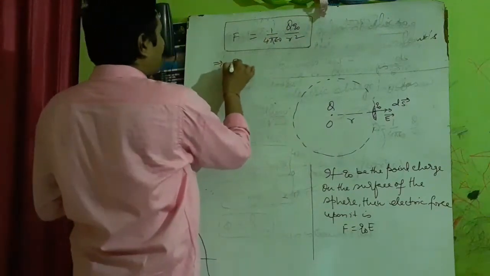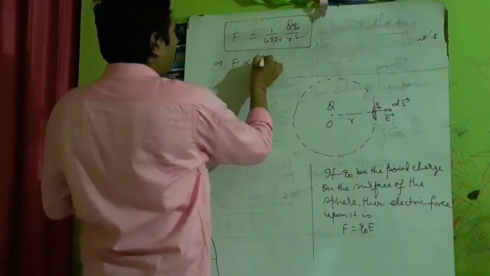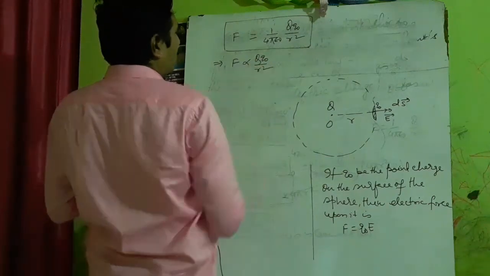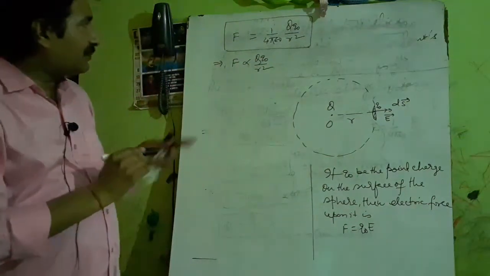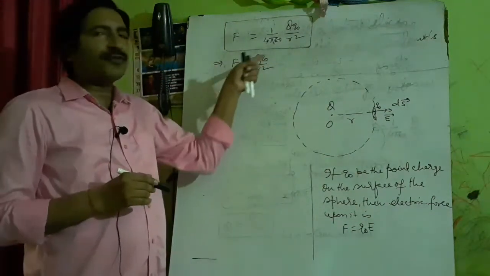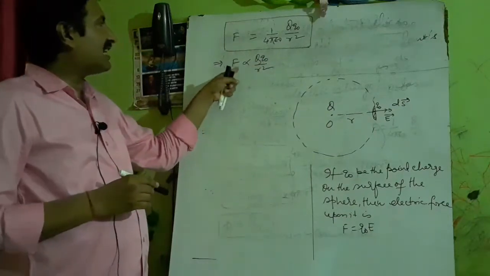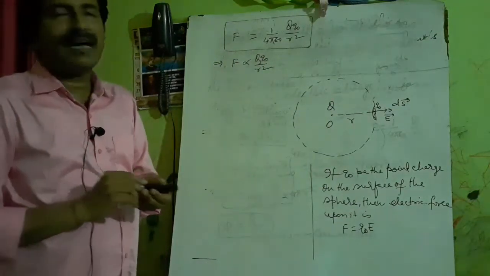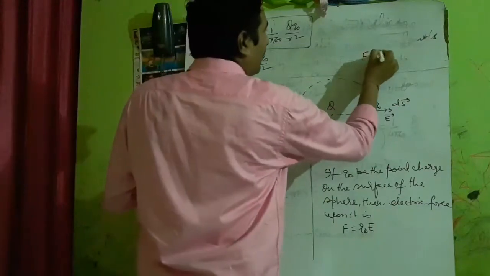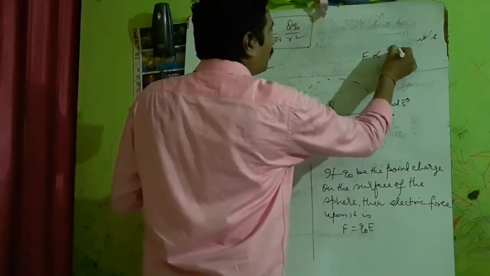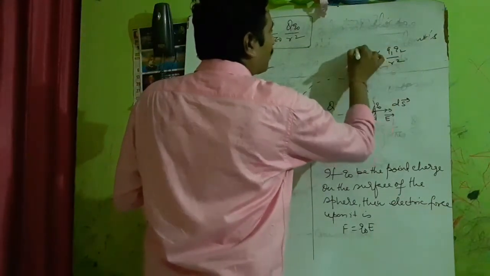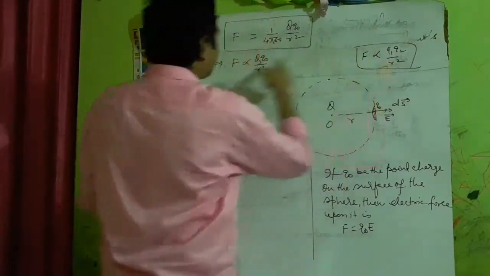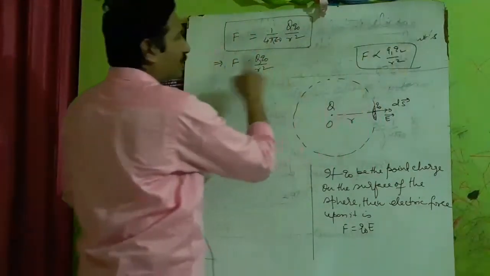From here you can write F is proportional to q q naught by r squared. If you write q1 in place of q, q2 in place of q naught, it can also be written as F is proportional to q1 q2 by r squared, because you learnt this as Coulomb's law. You see q1 is q, q2 is q naught.